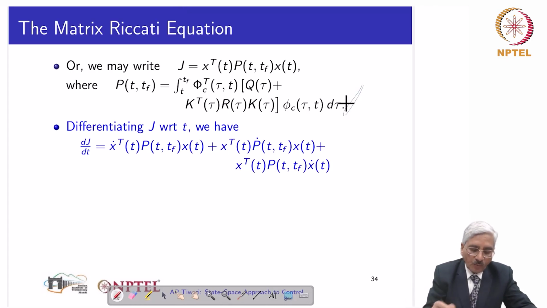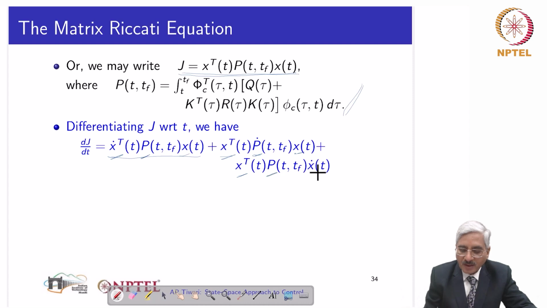To obtain that, we first differentiate this expression, this J, with respect to time, of course initial time. So x transpose P x gives x dot transpose P x plus x transpose P dot x plus x transpose P x dot. This is by the chain rule. We get the derivative of this as this.